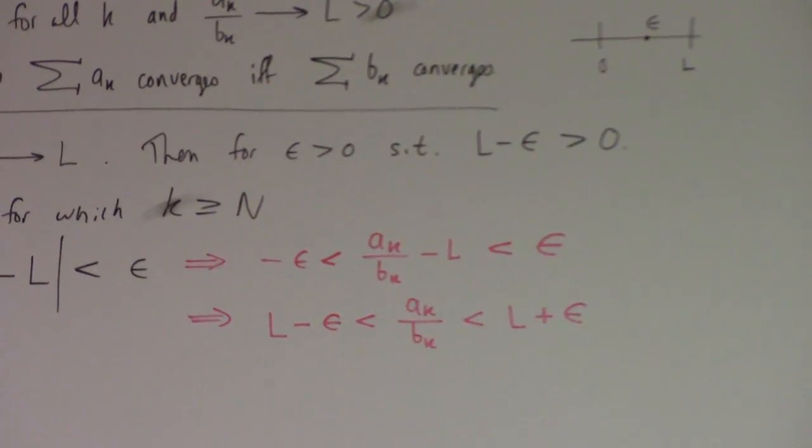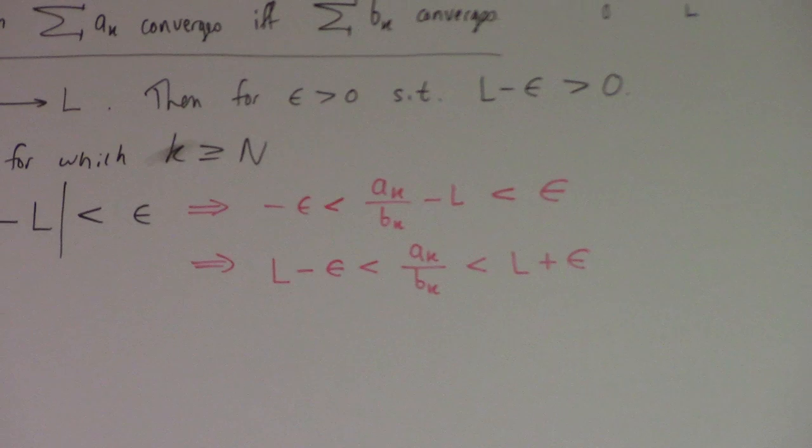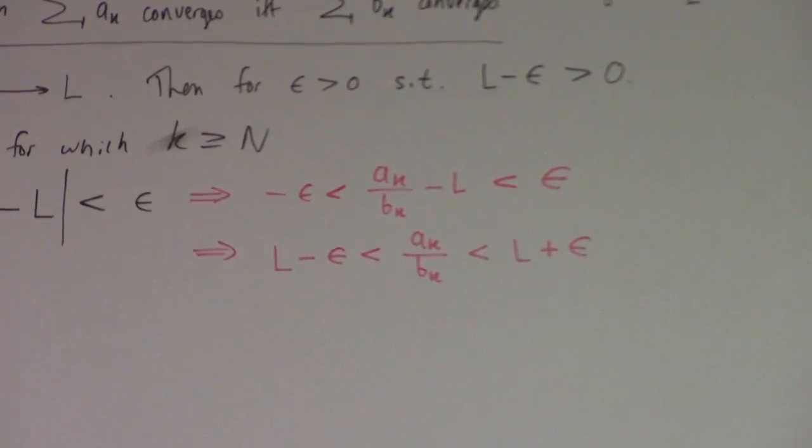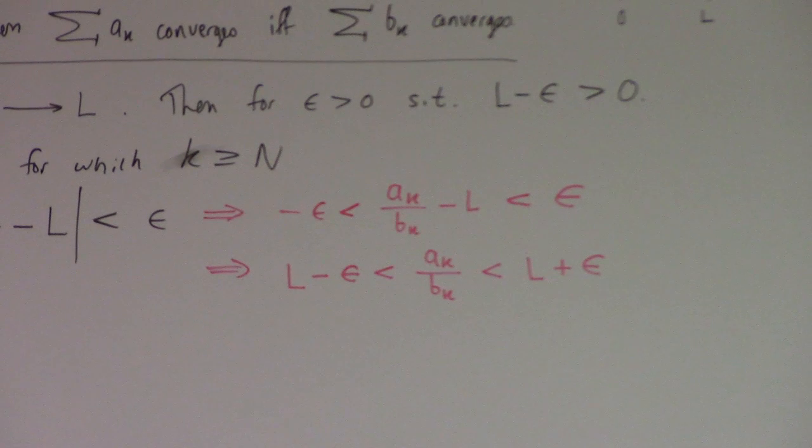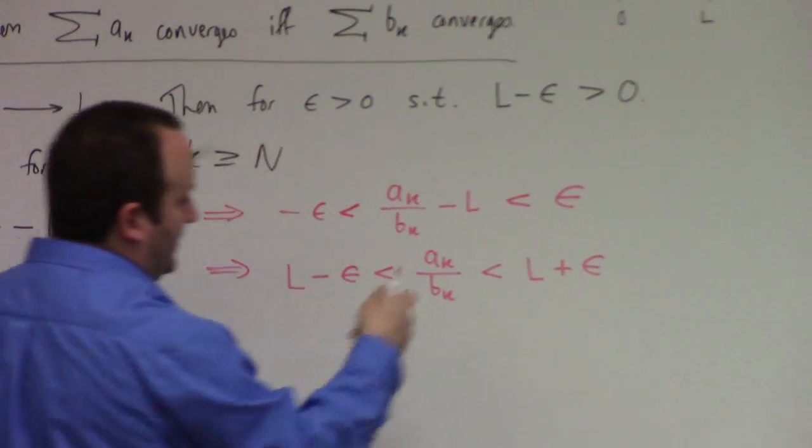And so what we're trying to do is compare the series a sub k and b sub k. The thing you'll see in both this argument and also the integral test I'm about to show you is that you want to look at some inequality which compares the two things, which gives you this kind of sandwiching. And it's almost there.